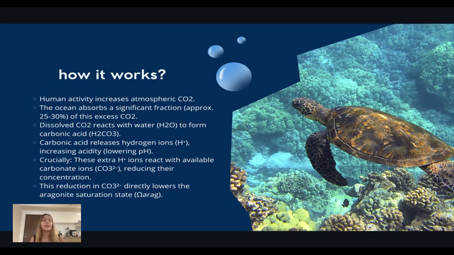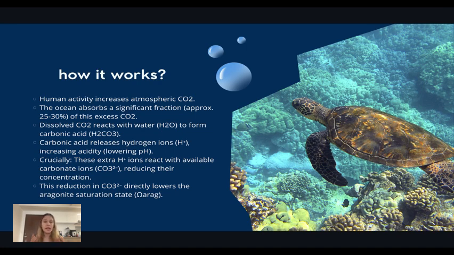First of all, when human activity increases atmospheric CO2, the ocean absorbs a significant amount of this excess CO2, approximately 25 to 30 percent. When it's dissolved, the CO2 reacts with water and creates carbonic acid.